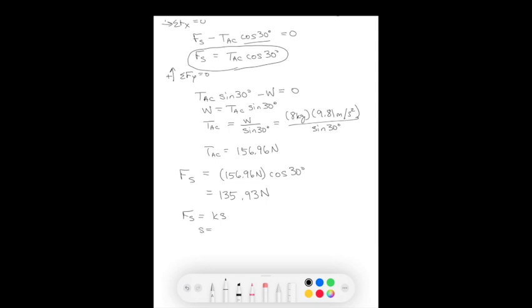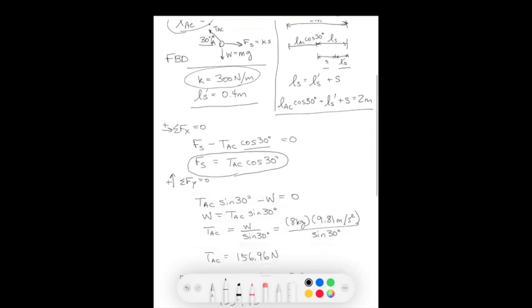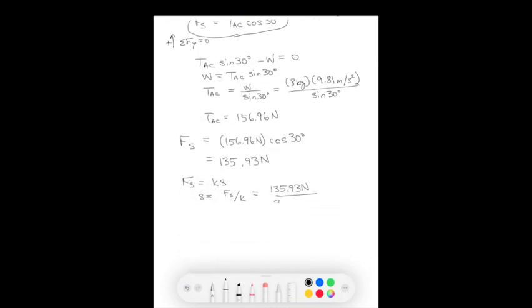So now we know how far S is. S is equal to the force of the spring divided by that constant, which we know. So 135.93 newtons divided by that constant, which we're told is 300 newtons per meter. When we solve that, we find that it's 0.453 meters.